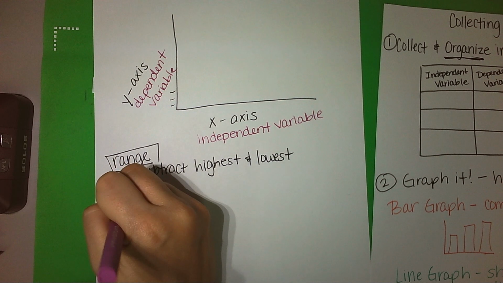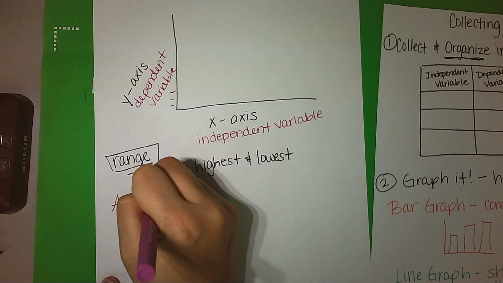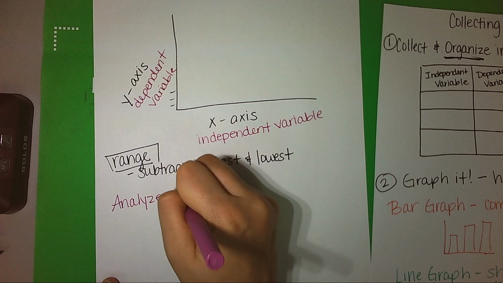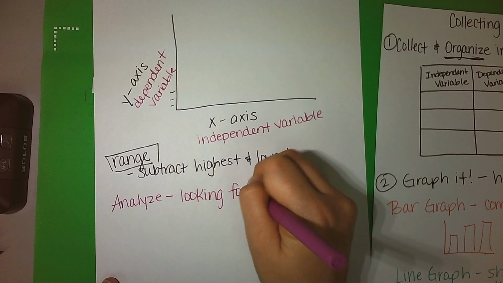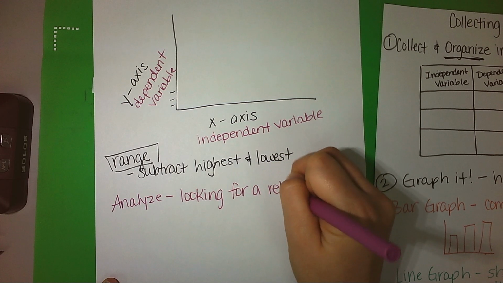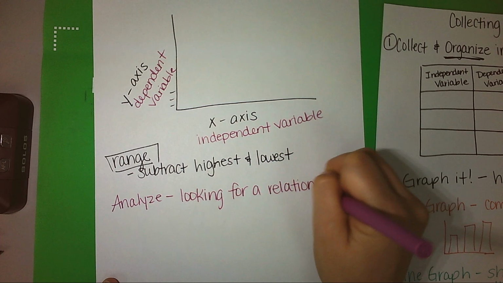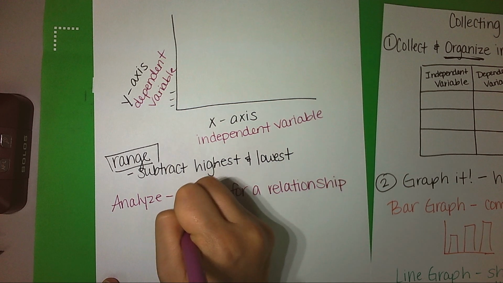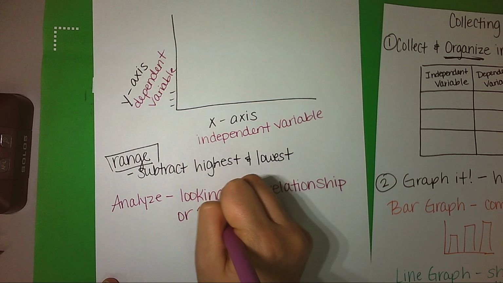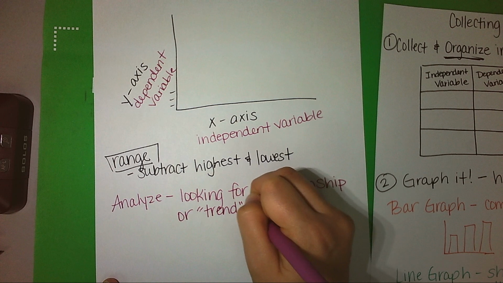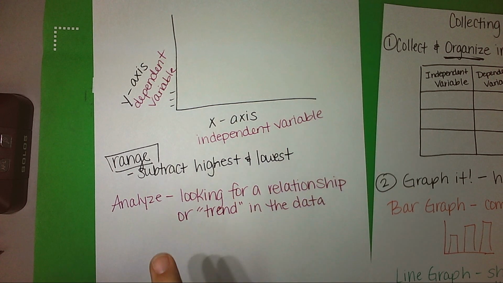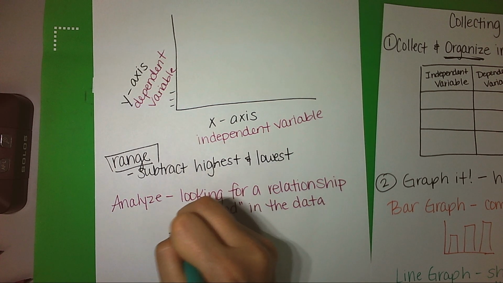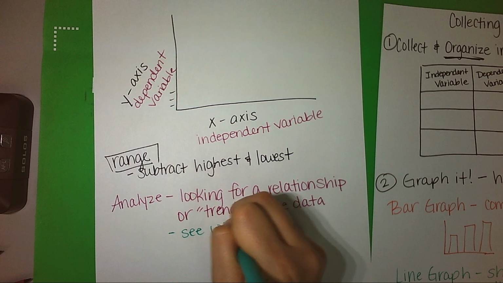You can just kind of add this anywhere you need to. When you analyze, you are looking for a relationship or trend in the data. Okay, so because you're able to, you can see what happened.